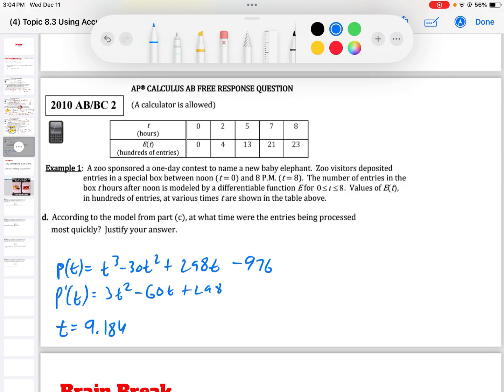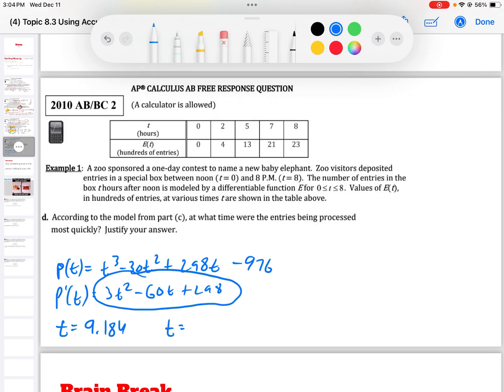And the way I can do that, I'm going to walk you through this. I'm just going to do it in my calculator just so I know I'm saying the right thing. So I'm typing 3x squared minus 60x plus 298 into y equals. When I graph it, I need to make sure that I can see where y is 12 at least. So I change my window, make the x max like 20. And if I'm looking at my graph, it's a parabola, right?